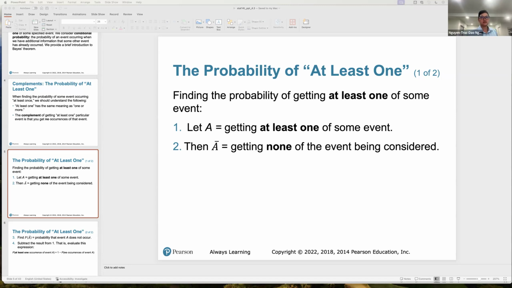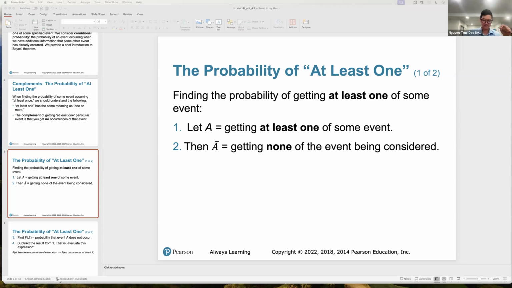Let's consider the example of tossing a coin 3 times. What is the probability of getting at least one heads in 3 coin tosses?